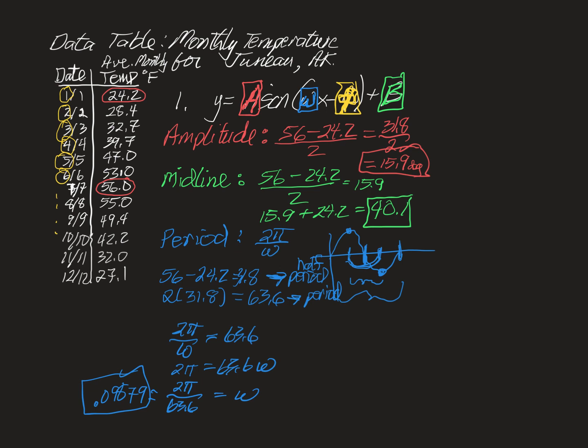So what we have for our function is y equals a, 15.9 sine of omega, which is 0.09879, x minus phi, all right, and then plus b, which in our case is plus 40.1, all right?